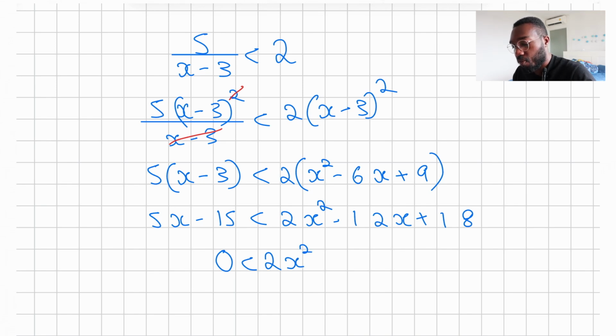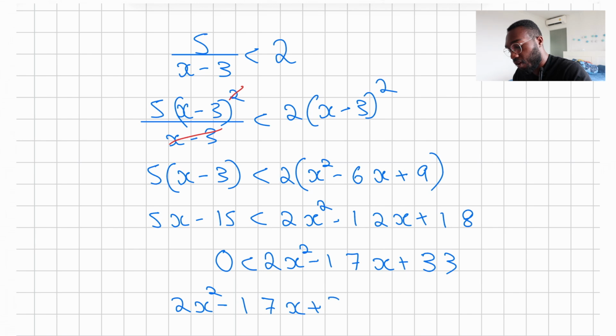We get minus 12x minus 5x, so minus 17x, and positive 18 plus 15, which is positive 33. So it will be 2x squared minus 17x plus 33 is greater than 0. And now we can factorize.